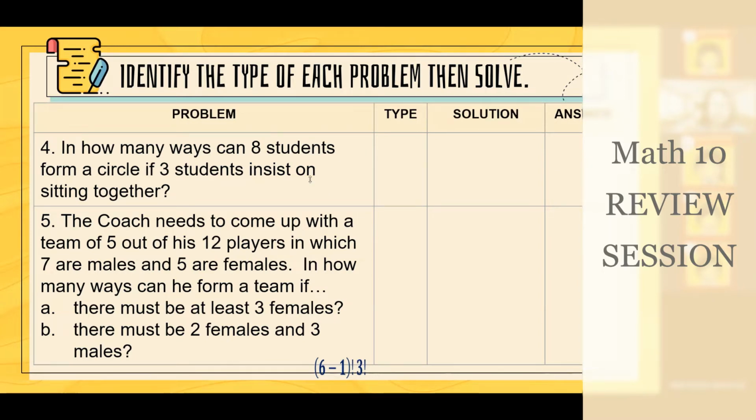Number 4. In how many ways can 8 students form a circle if 3 students insist on sitting together? 1 minute for number 4.